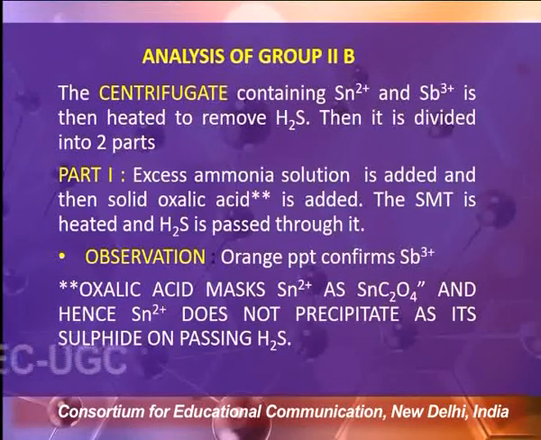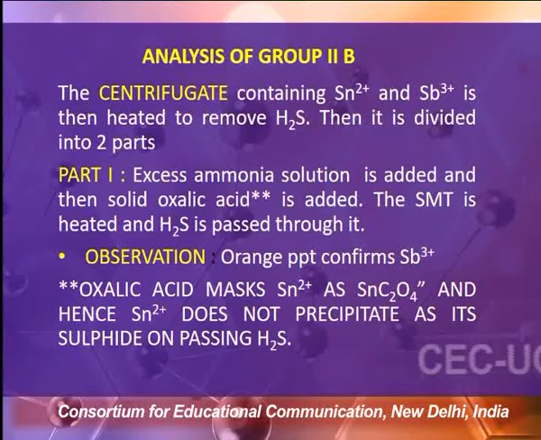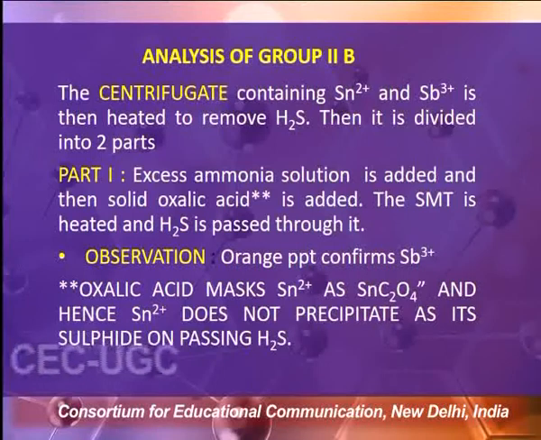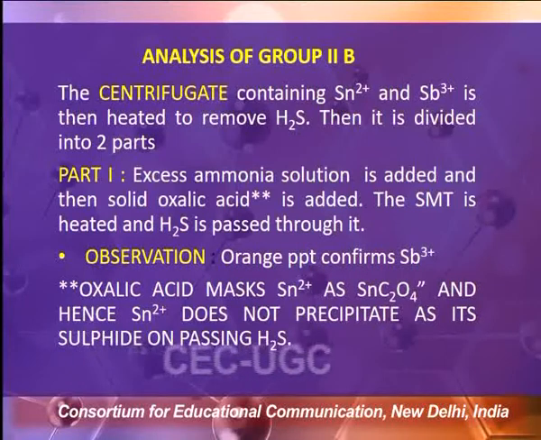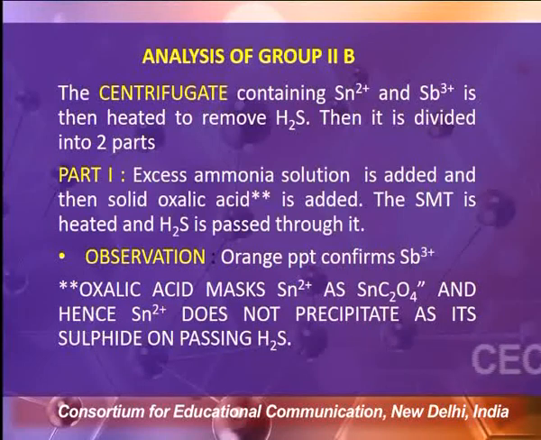So, the centrifugate which is containing tin and antimony is then heated to remove H2S, because H2S is a gas which will interfere in the further analysis. Then this centrifugate is divided into two parts.